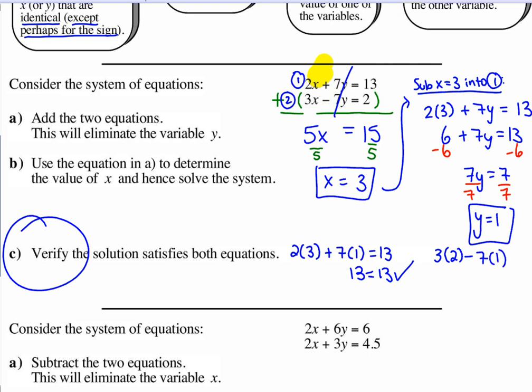And then 6. Wait. Uh-oh. Oh, 3. x is 3. See? Silly mistakes. This is what happens when you rush. Lesson, guys. Learn from my mistakes. 9 minus 7 is 2. I want to know what other mistakes could have been. I've made lots of mistakes.